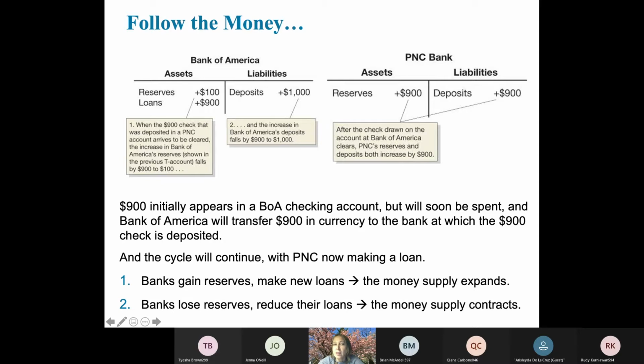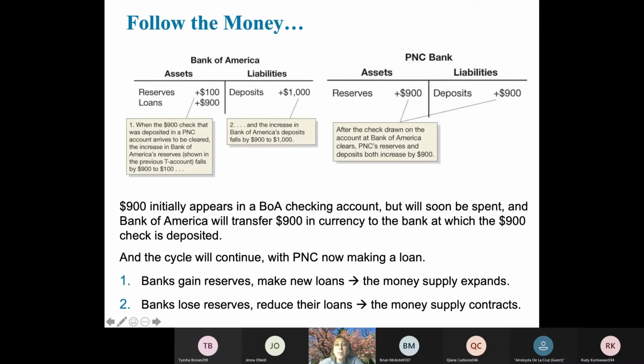So in that sense, we're talking about an ideal world. But let's think about this happening over time. So now we have $900 extra walking around, which was created based on your $1,000 deposit. So had you not made this deposit, this loan would not have been possible, right? So we have this new money created, $900.